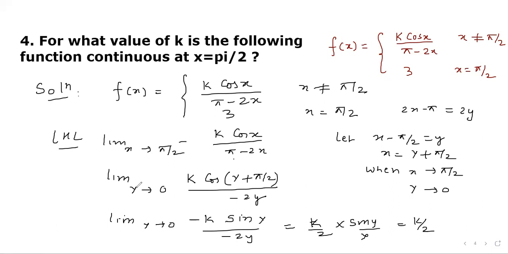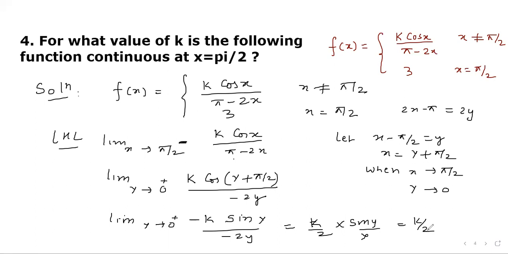So the same answer we will get from RHL also, because the same thing we have to do, except here we will write pi by 2 plus. Here one more thing can be considered. Since y is x minus pi by 2, and the limit is tending to pi by 2 minus, then y will tend to 0 minus, and for RHL we have to write 0 plus.